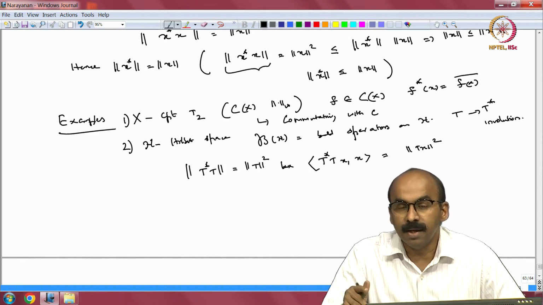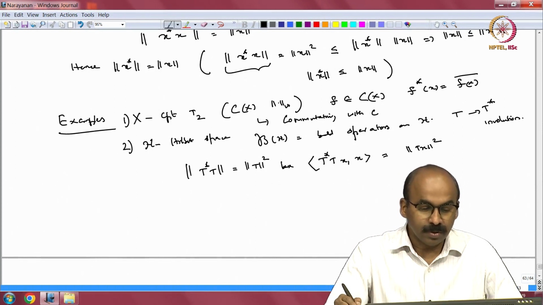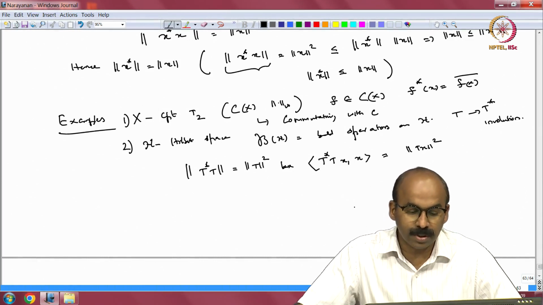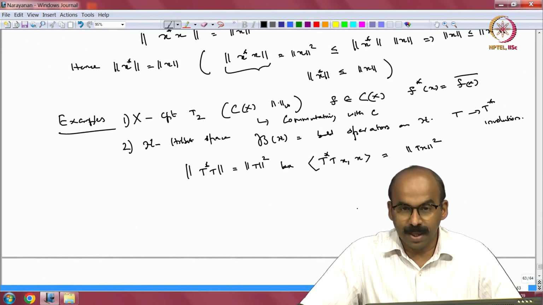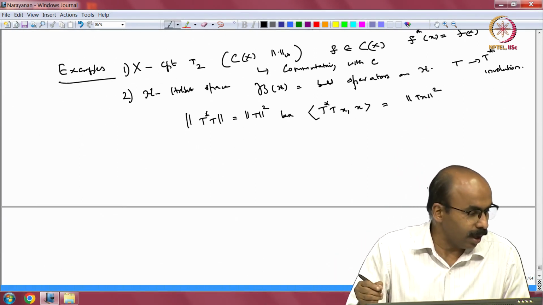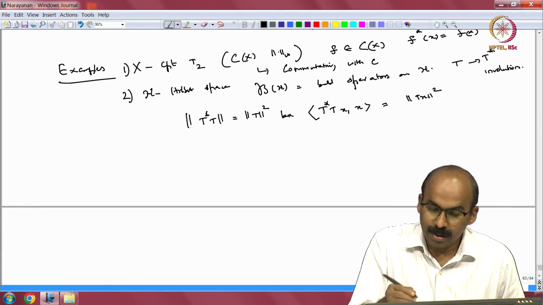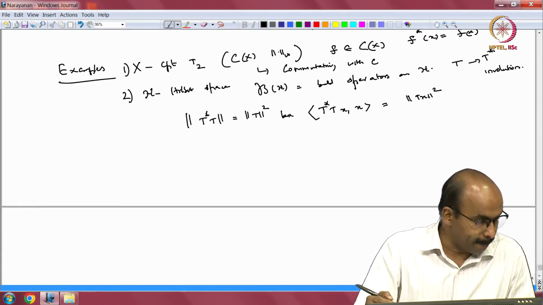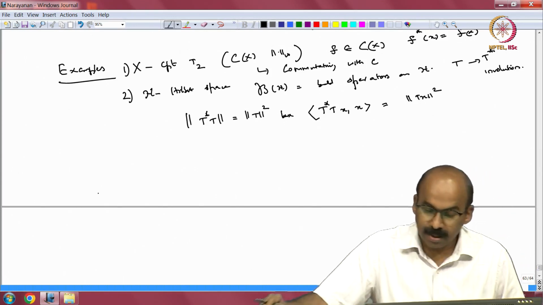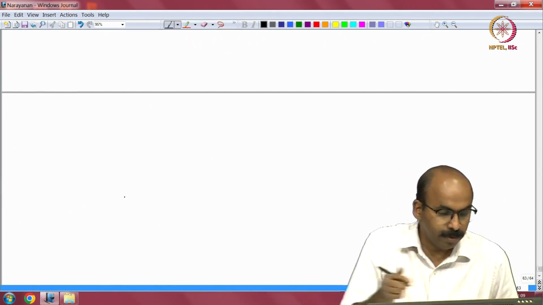So, that is precisely the C star identity. So, these two are typical examples, and essentially these two are the examples, or closed subalgebras of B of H. These are the examples you can think of. Okay. Anyway, we will come to these examples again and again. Okay. So, let us start with a result on C star algebras. So, proposition.